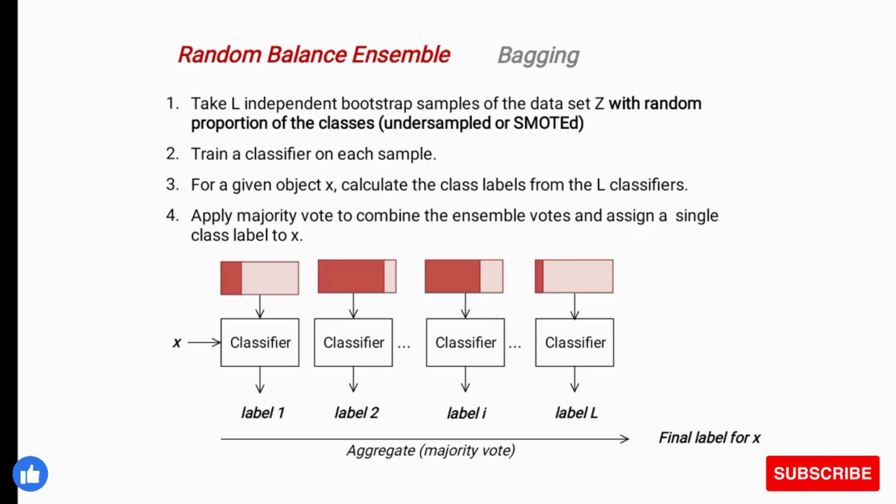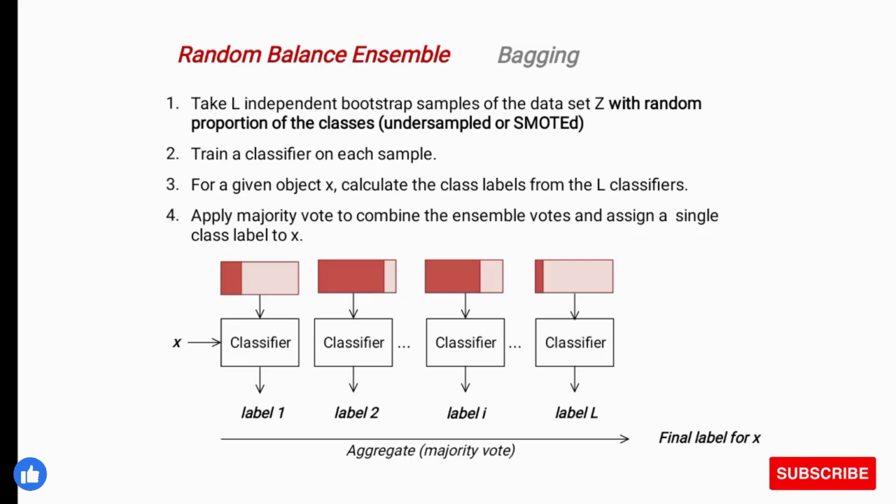We train the classifiers on each one, so we've got L classifiers now. For any given object x, we calculate the class label that each of the L classifiers would give us. This is exactly the same as bagging at the moment.